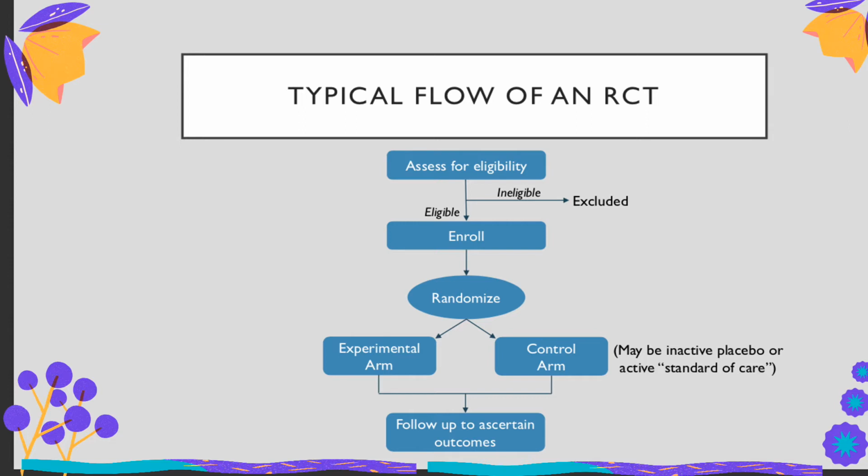Randomization will be done and a patient will be assigned into an experimental arm and a control arm. The control arm may be inactive placebo or active standard of care. And after a period of time, they will be followed up to a certain outcome.